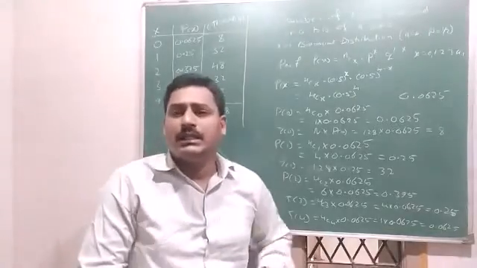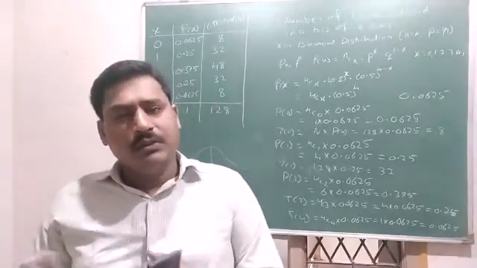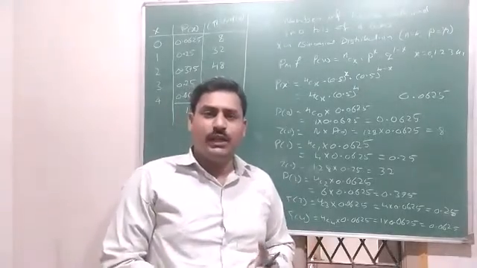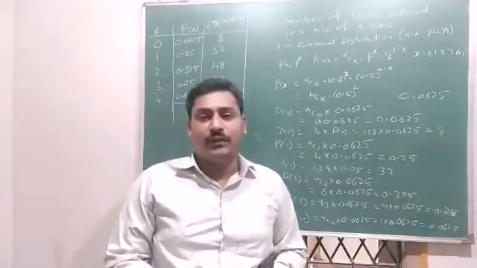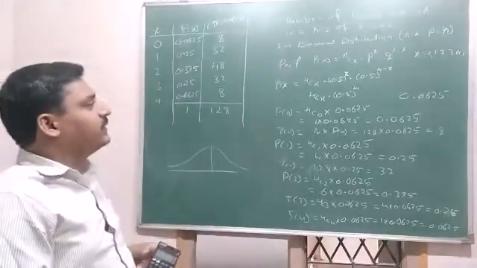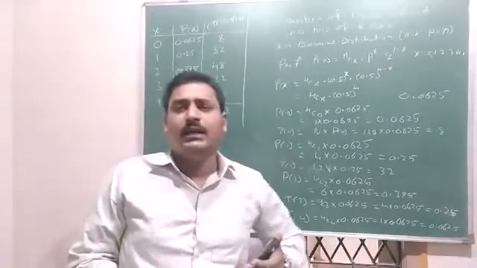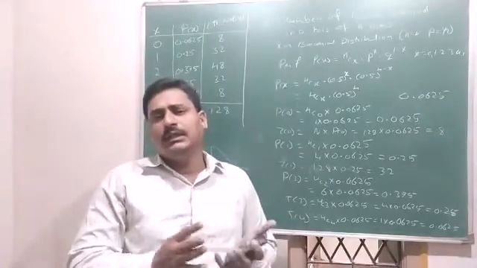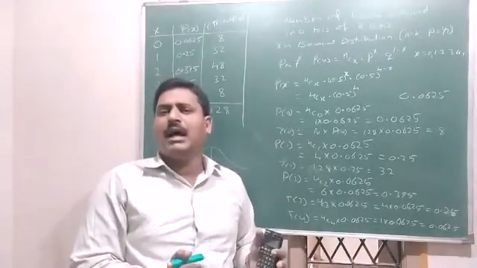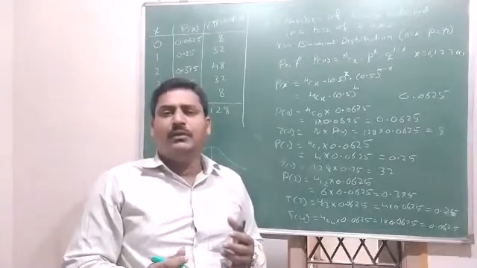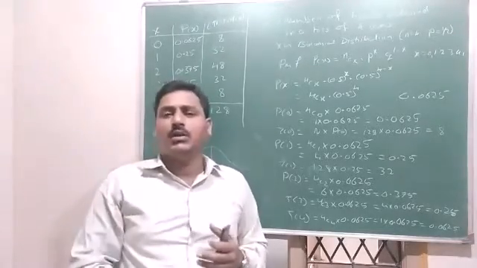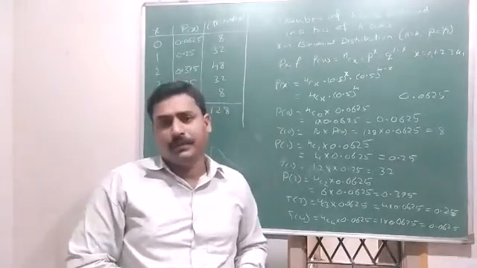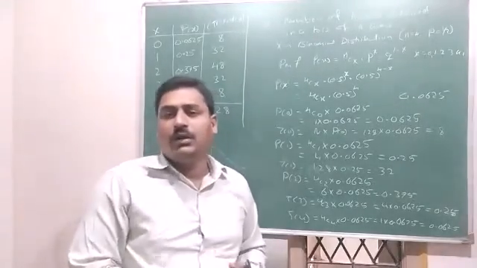Now we'll discuss a problem where observed frequencies are given and we fit a binomial distribution with the help of those observed frequencies. Here there are no observed frequencies; it is just a probability assumption. If we toss a coin, the chances of getting head and tail are equal, 0.5. But in reality, when we toss coins, the probability of getting a head is not exactly 0.5; it may be more or less.